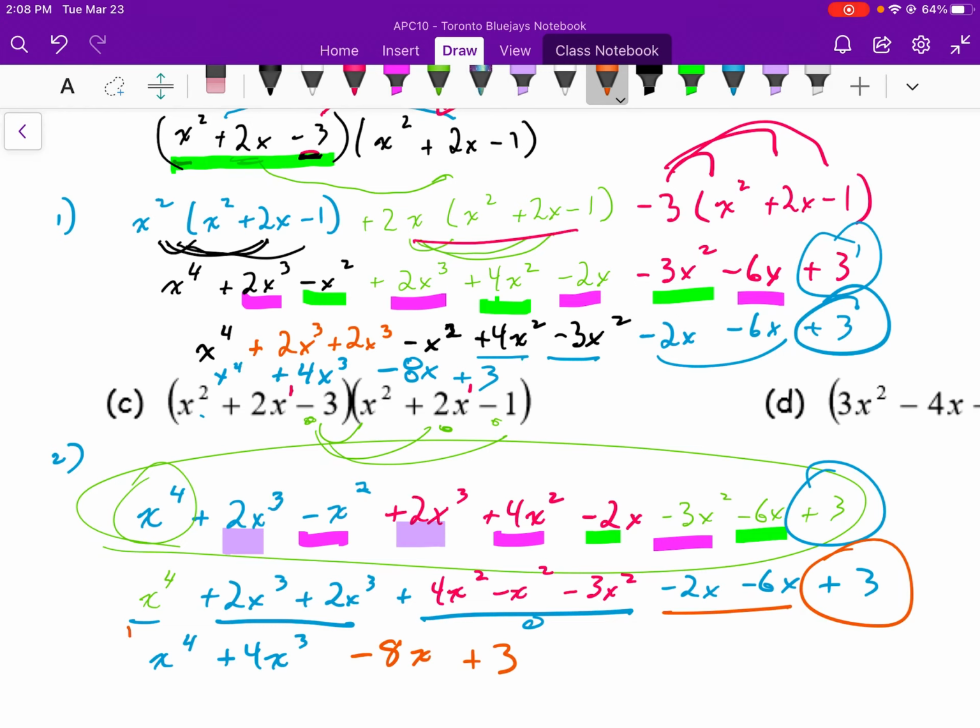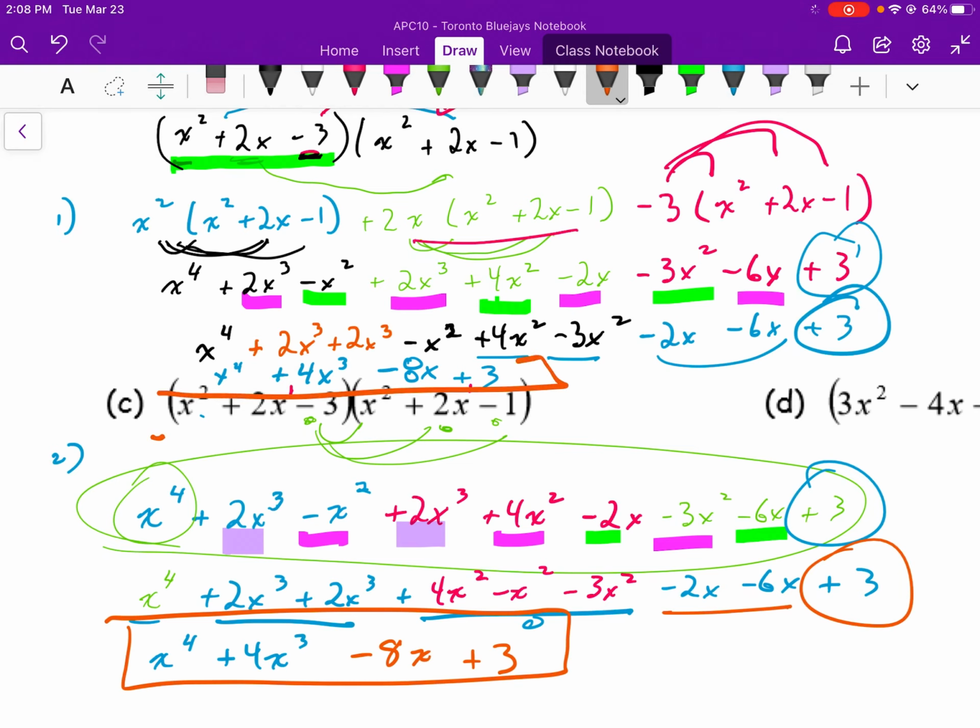And if you notice, this is my answer for the second method. This is my answer for the first method. And I'll be honest with you, thankfully they match up. This is a long road of multiplications. So when you multiply a trinomial with a trinomial, there is at least 9 multiplications.